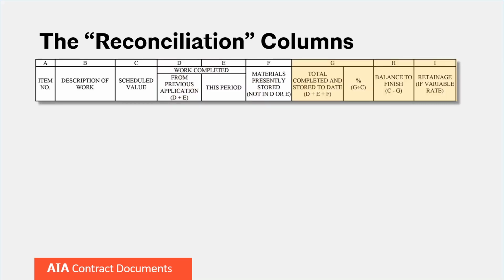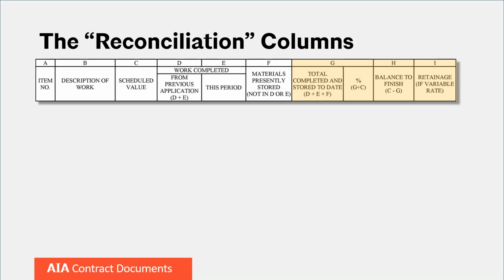The reconciliation columns G, H, and I are next. Column G, total amount completed and stored to date, actually contains two columns, including a dollar value column to the left and a column which calculates the percentage of completion for that cost item to the right. The left-hand column under G is the total of column D, previous application for payment, column E, work completed this period, and column F, stored materials.